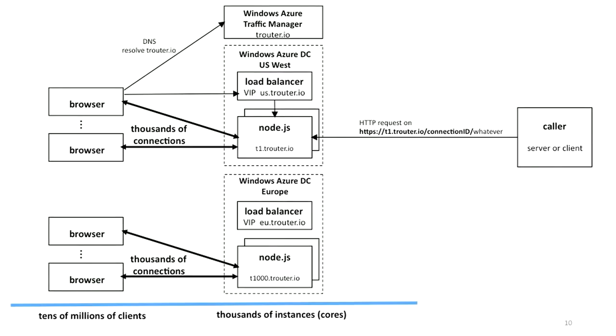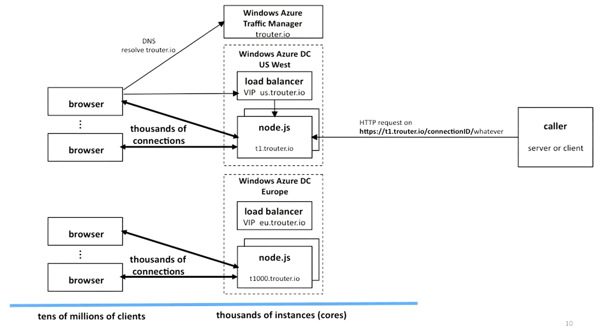What the beauty of this is, the caller doesn't realize and doesn't care, doesn't have to understand any of that, right? The caller only understands that there is a URL and there are HTTP APIs, and somehow automatically, the request goes to the right data center, to the right instance, and then to the right connection.